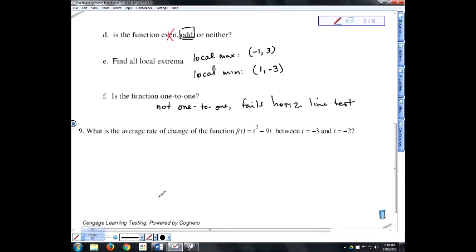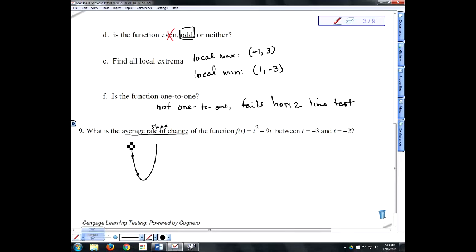Okay, the average rate of change. Average rate of change is really just the slope of a line connecting 2 points on this graph. So this is the graph of a parabola. You know, it would look something like this. And then we would have 2 points on the parabola, maybe here and here.